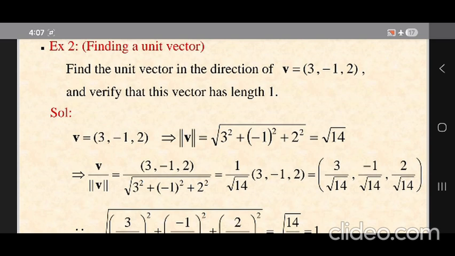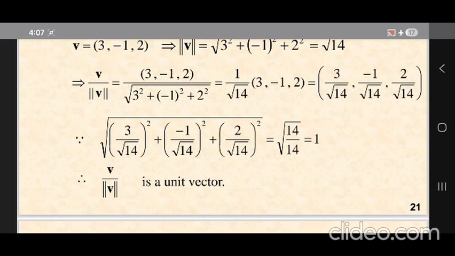Then find v divided by norm v: (3, -1, 2) divided by root 14 equals (3/root 14, -1/root 14, 2/root 14).